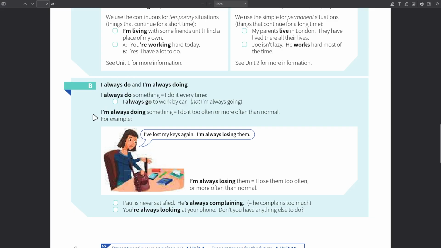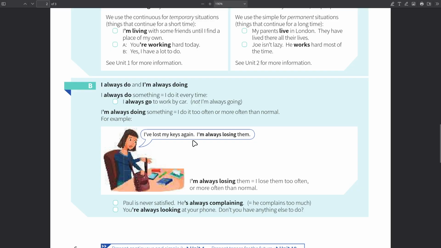But we can also use I am always doing something for things that we do more often than normal. Like for example, I lost my keys again. I am always losing them. So we are talking about something we do more often than normal.